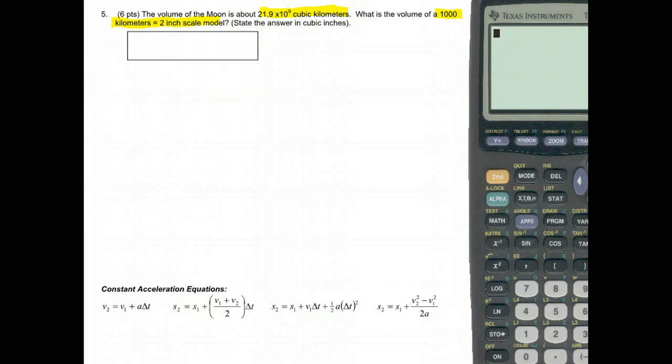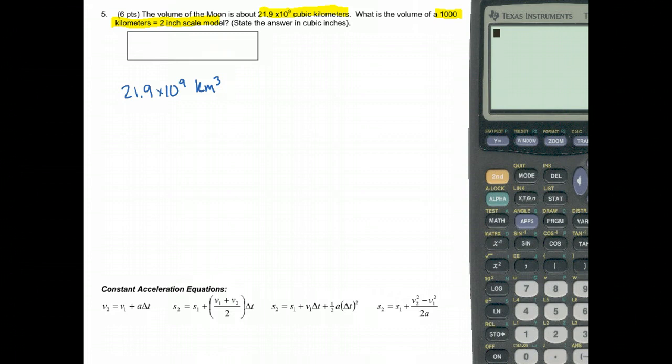Okay, so these scales are linear scales. When we're dealing with volumes, we're going to have to cube them. So the way I'm going to write this is I'm starting off with 21.9 times 10 to the 9th kilometers cubed.